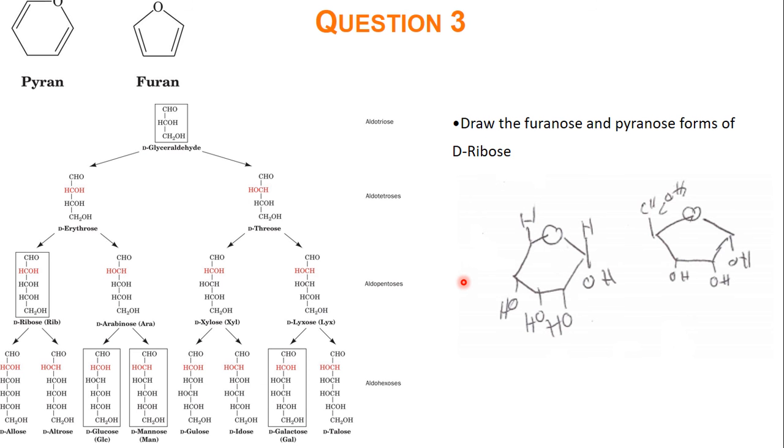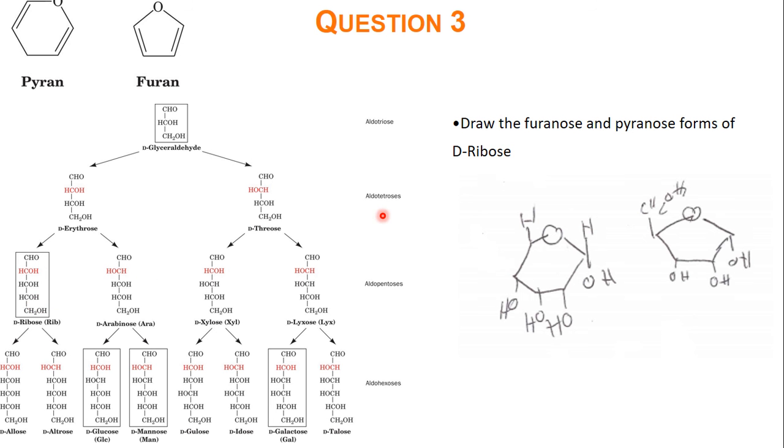Question 3: draw the furanose and pyranose forms of ribose. A pyran has 1, 2, 3, 4, 5 carbons in the ring, and a furan has 1, 2, 3, 4. We're looking at ribose. When your linear sugar cyclizes, the OH will attack the carbonyl carbon, and you're going to form a ring structure. Every time you see that oxygen in your ring, it used to be an alcohol OH.